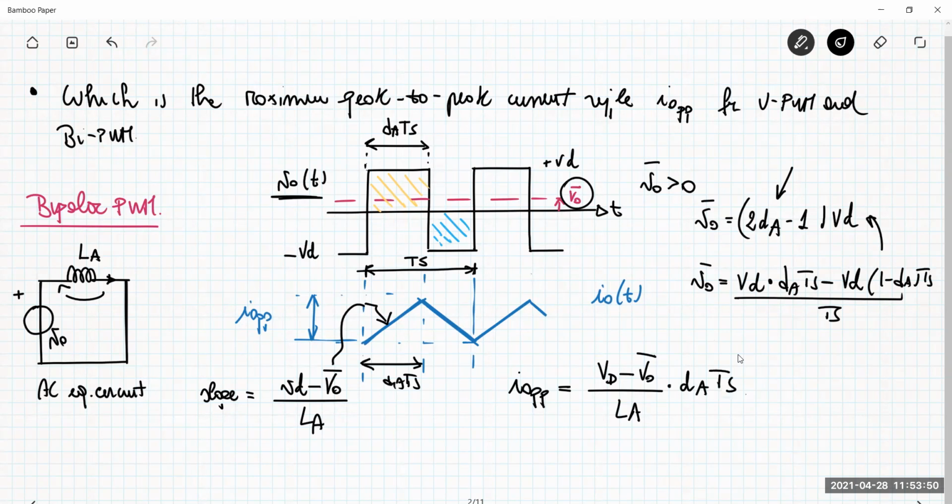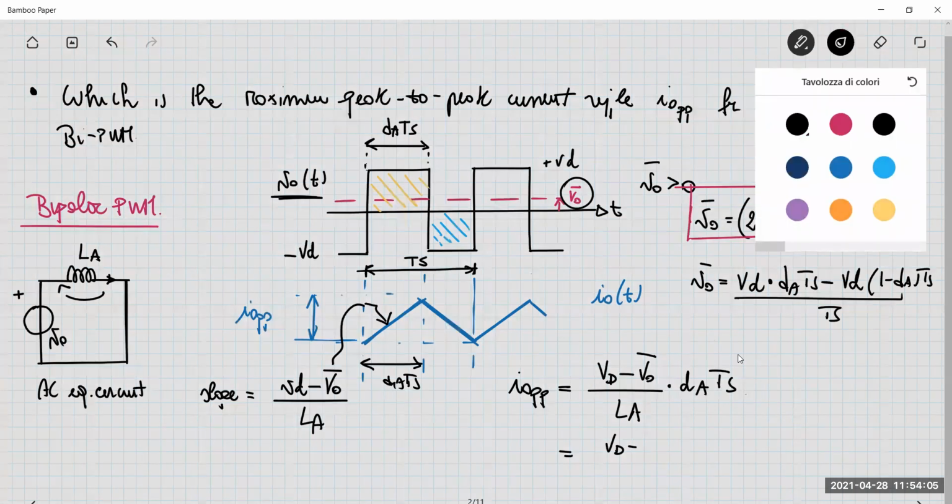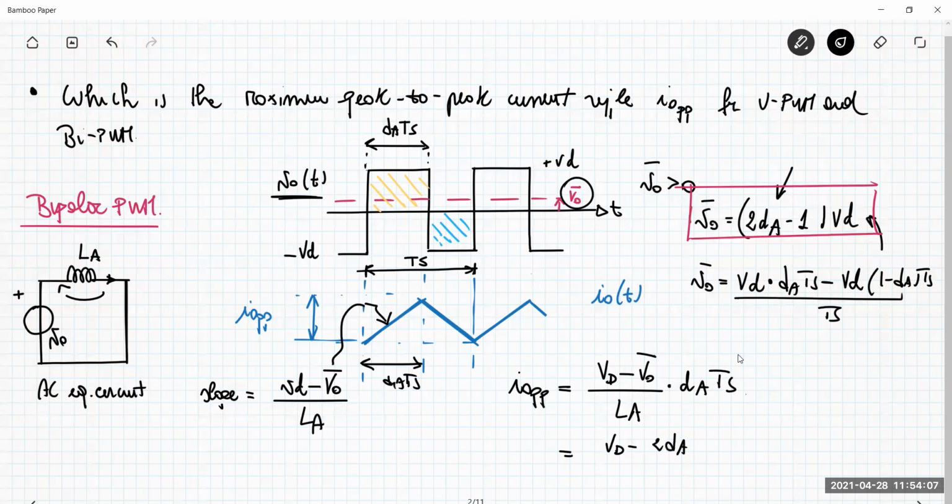This quantity is exactly the peak-to-peak ripple. Let me consider that V0 average value is the quantity that I derived before, which is (2dA minus 1) Vd. Over LA, let me put the frequency instead of the period TS, multiplied by dA.